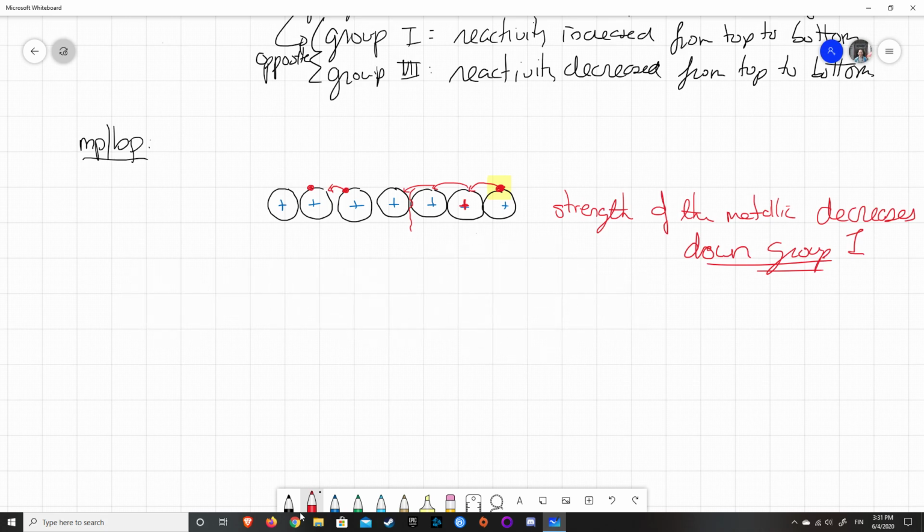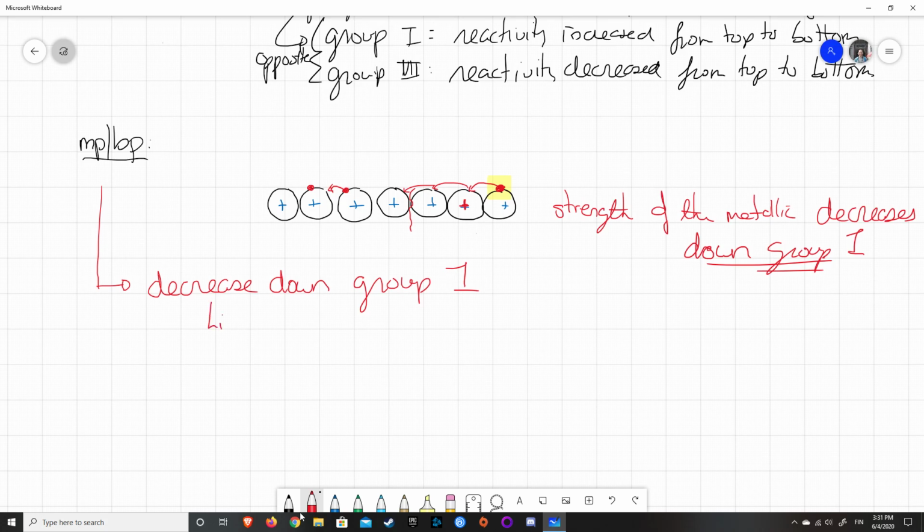And as we all know, bonding is what keeps elements together. So if we've got weaker metallic bonding, this will be the first trend that we have to talk about in the video: melting point and boiling point decrease down group 1, because the strength of the metallic bond gets weaker and weaker.